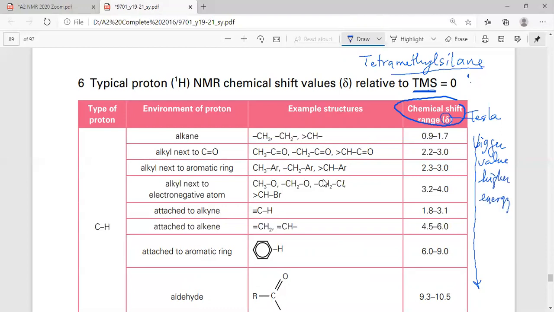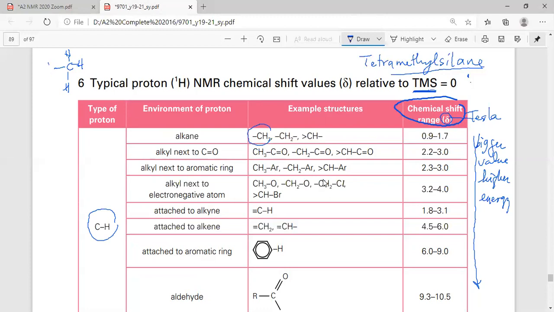Now here we talk about the types of protons. For example, this one here is a carbon with hydrogens, and it can be connected to another carbon, or even to a hydrogen. Here there are three hydrogens connected to a carbon.